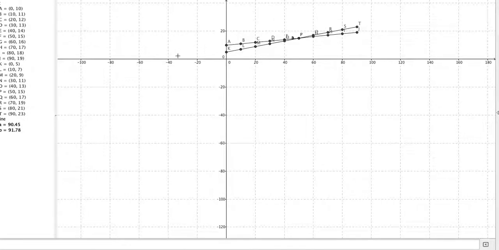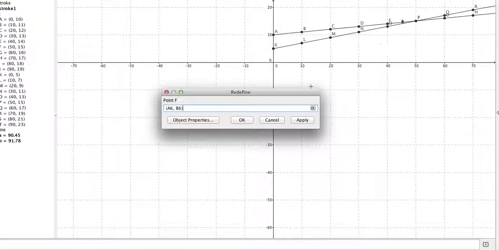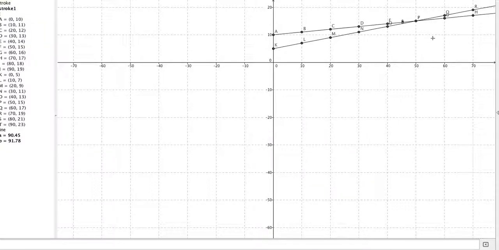There you go. The point where they intersect right there is (50, 15). So this is line 1 and line 2, the two costs. If you notice, it intersects at (50, 15), which is, let me write that down. That point right there. Let me write that again.